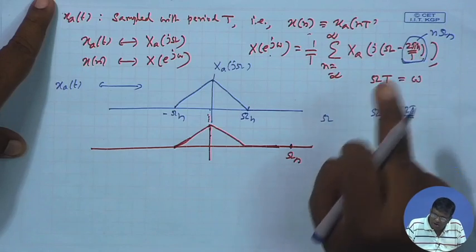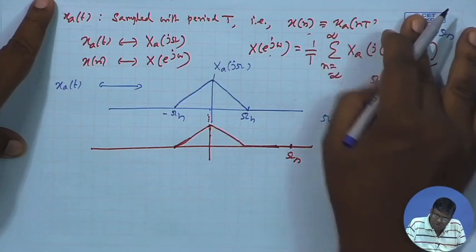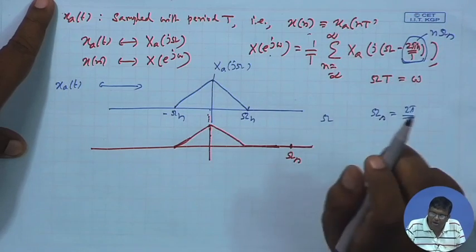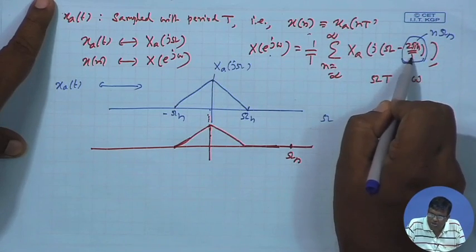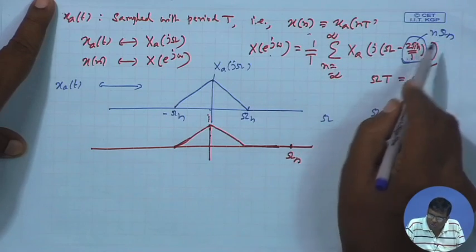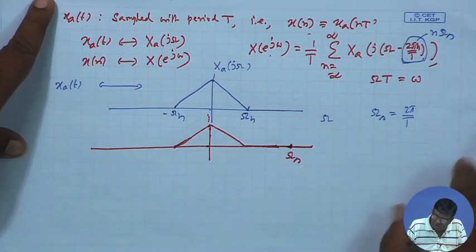So, n equal to 1 now I am considering. Earlier I took n equal to 0 out of the summation, so capital X of j omega was just the original one. Now, I am taking n equal to 1. So, there will be 2 pi into 1 by T. So, this plot will be shifted to the right by 2 pi by T, which is omega s. So, instead of the origin, it will be shifted here now.